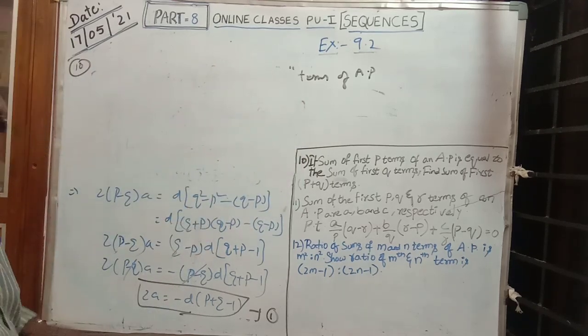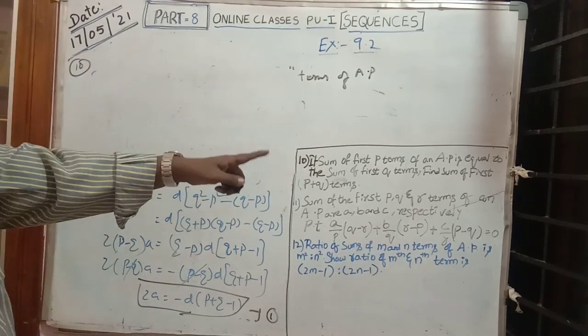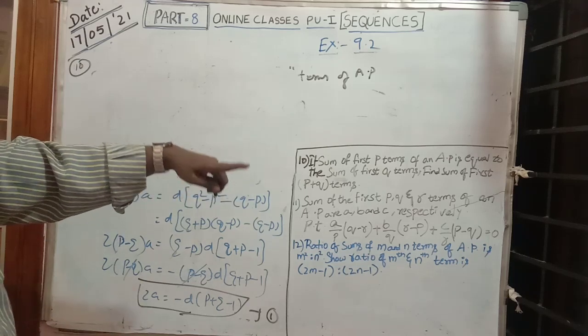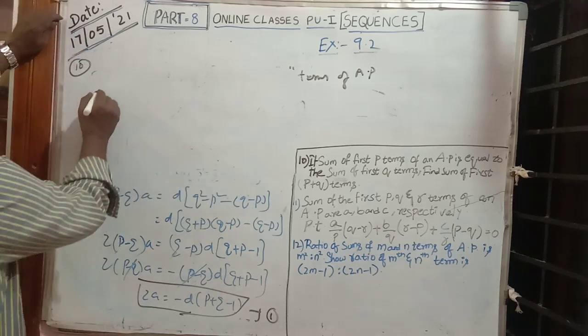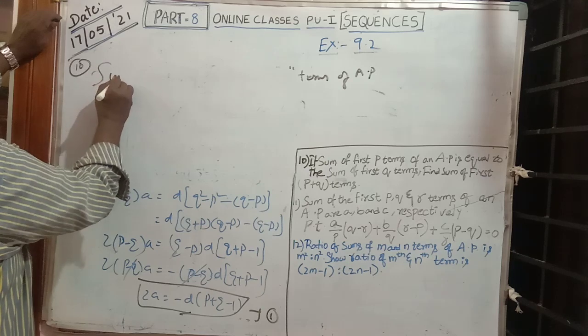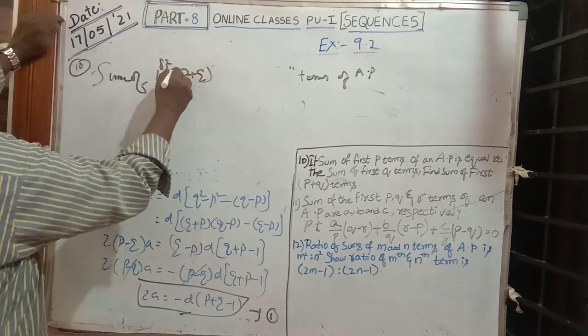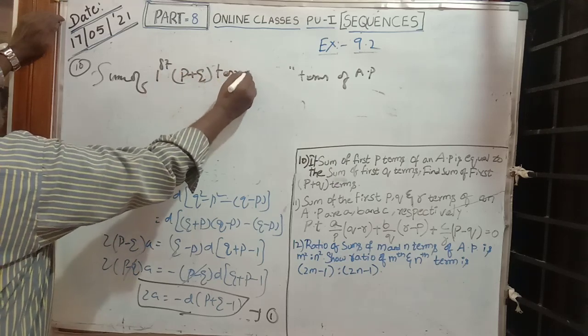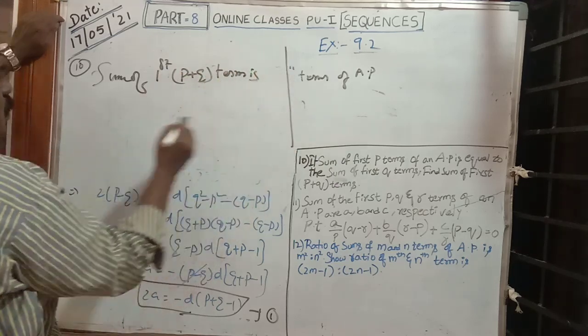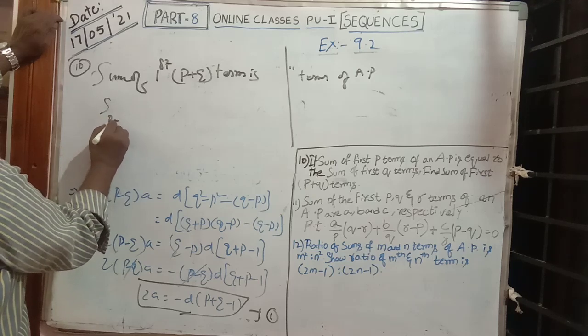Now, we need to find the sum of the first p plus q terms. Sum of first p plus q terms is S of p plus q.